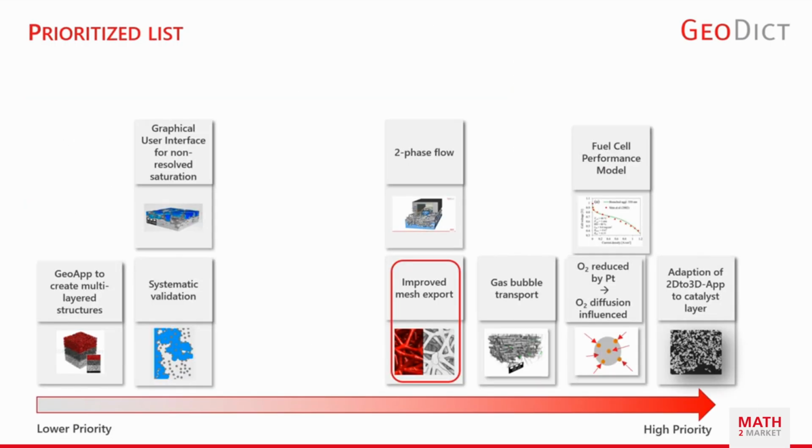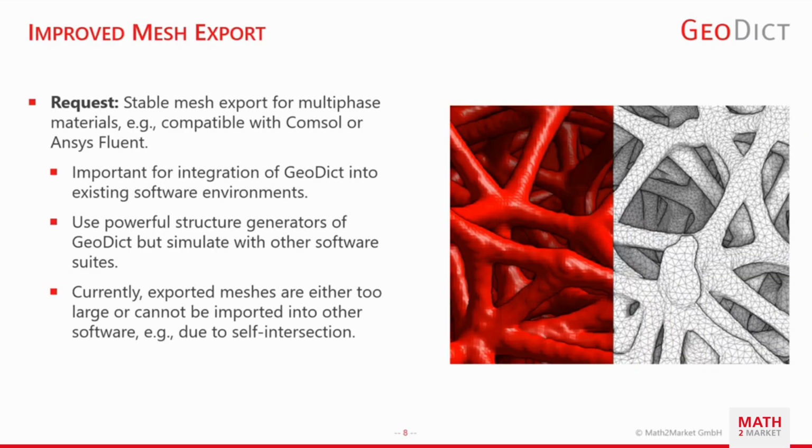Okay, so the next feature request is about improving the mesh export. The request was to have a more stable mesh export to be compatible with other simulation software like COMSOL, Ansys Fluent or Abaqus.